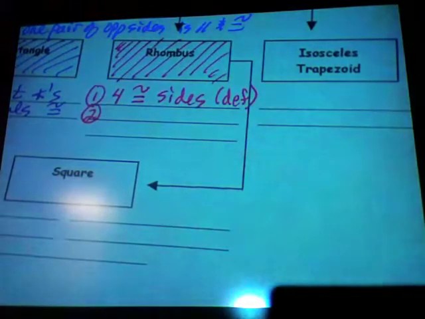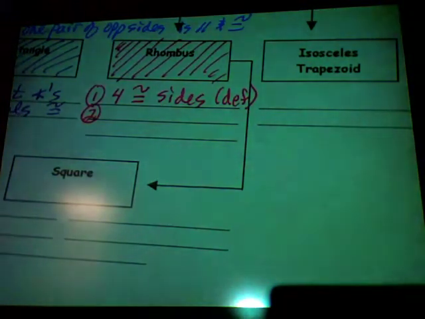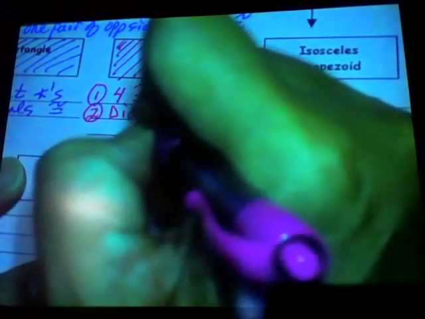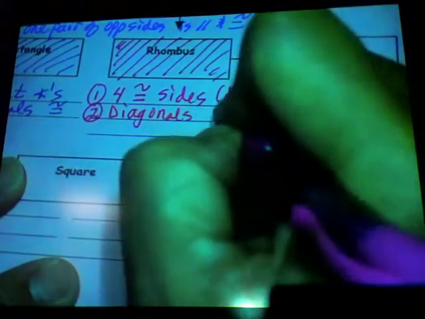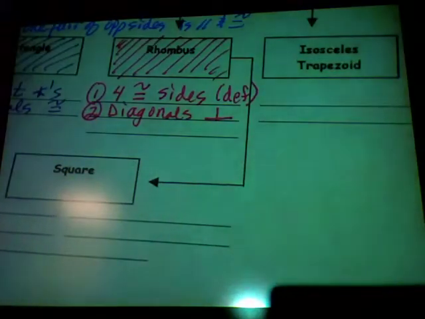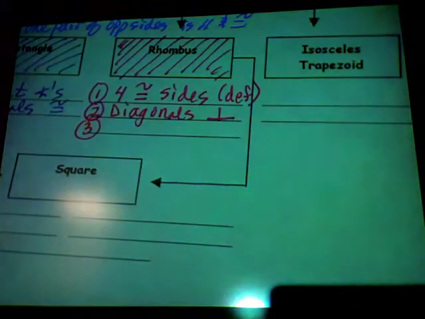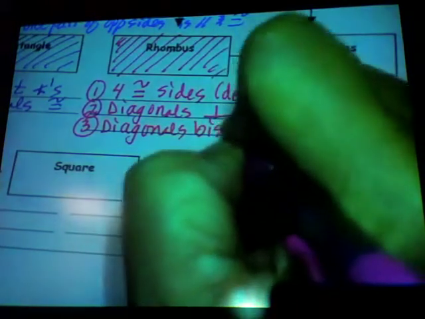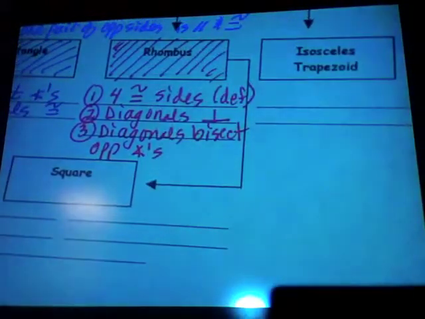And then number 2, what next did you learn? Diagonals are perpendicular. And what was the third thing? What else do the diagonals do? There you go. So diagonals bisect opposite angles.